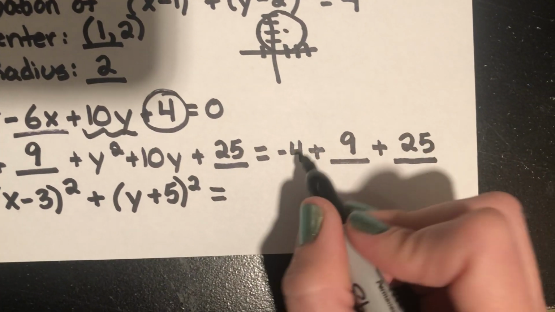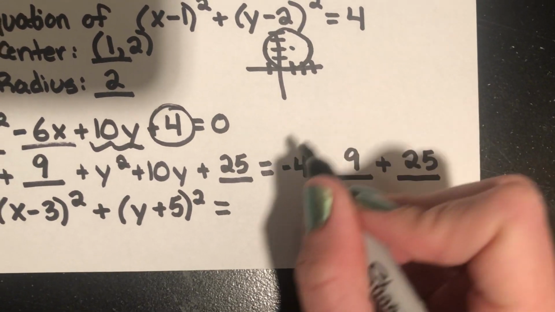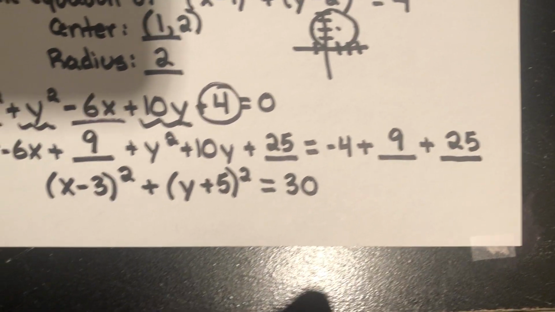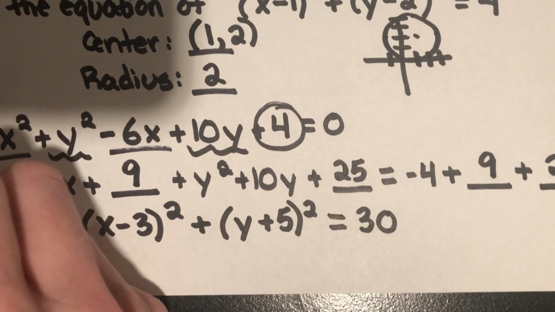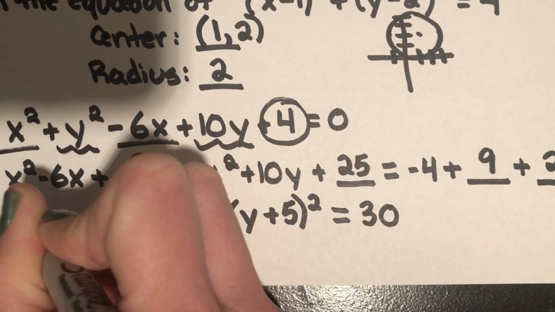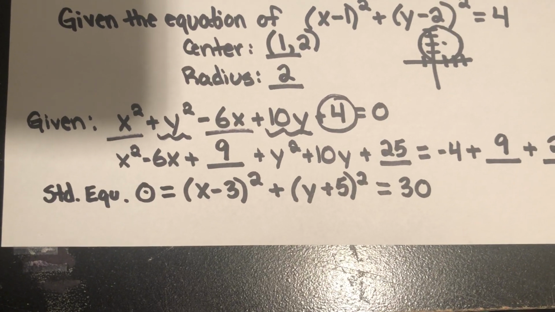This equals negative 4 plus 9 plus 25, which adds up to 30. So this is my standard equation of a circle.